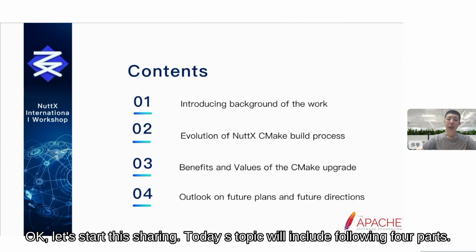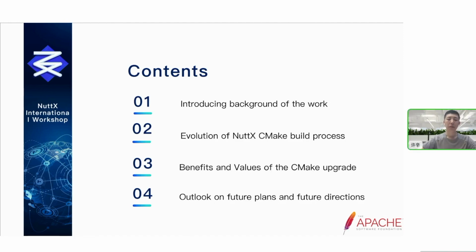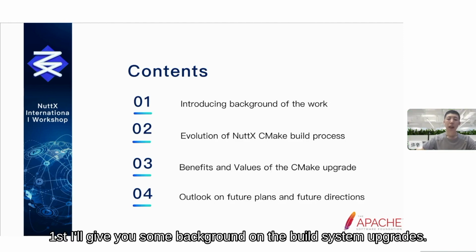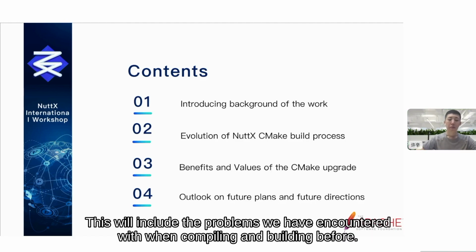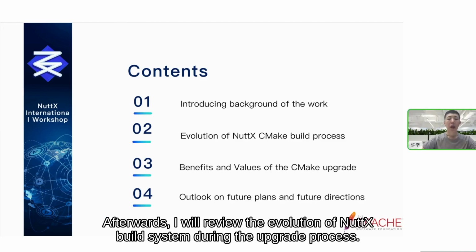Today's topic will include the following 4 parts. First, I'll give you some background on the build system upgrades. This will include the problems we have encountered when compiling and building before. Afterwards, I will review the evolution of the NuttX build system during the upgrade process.